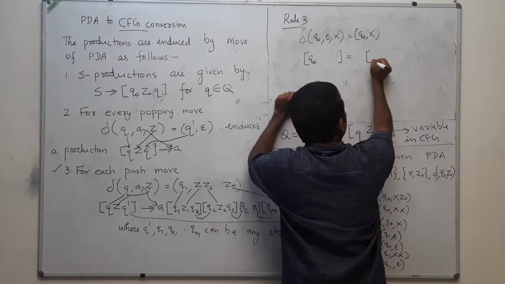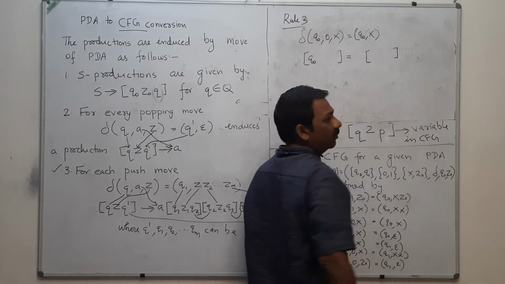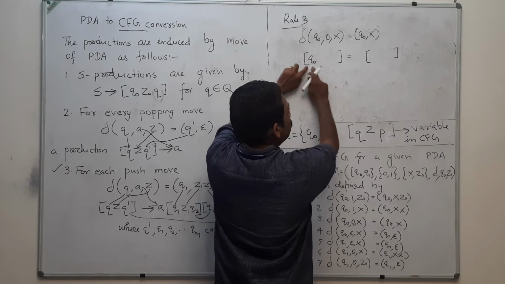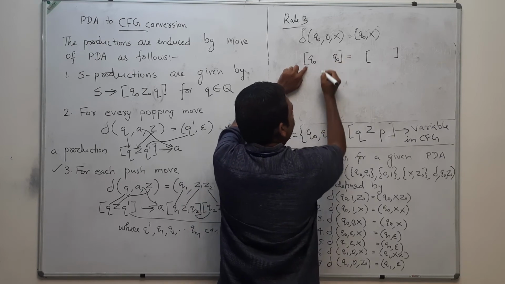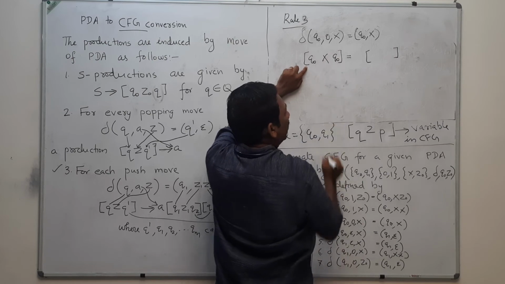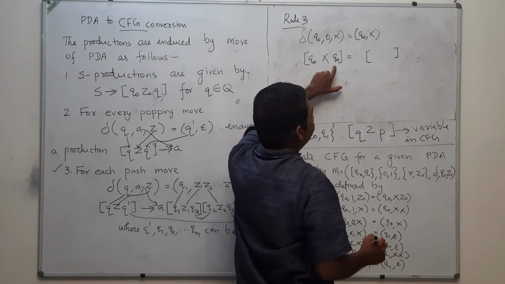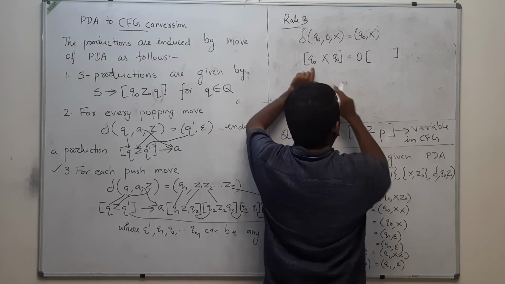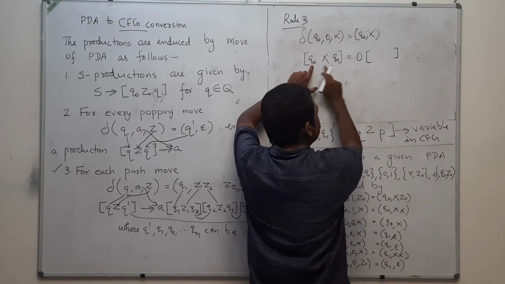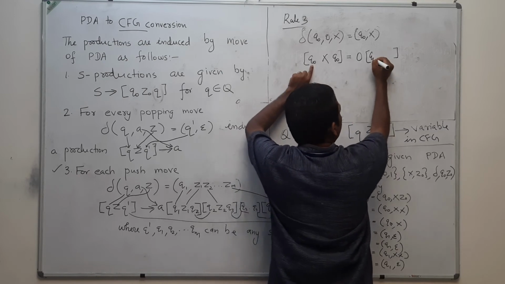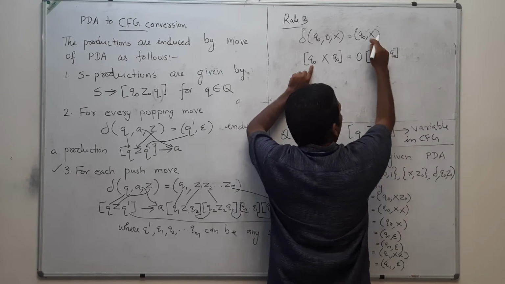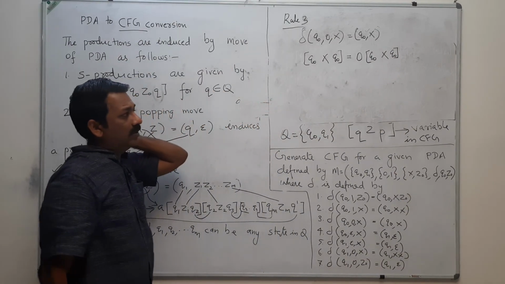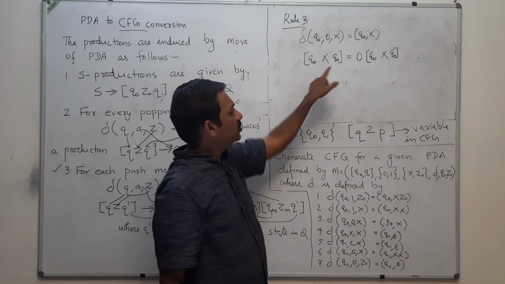Here we are having only a single variable. Okay. Here from Q0 to Q0, here you have Q0 and this x you have to copy here. Q0 is equal to what? You have to start from Q0 and you have to reach Q0, and here you have to use this Q0 x Q0.